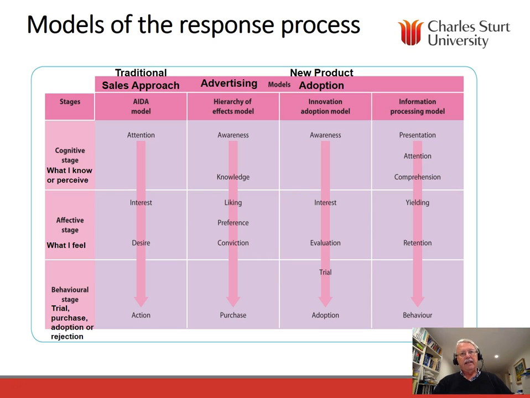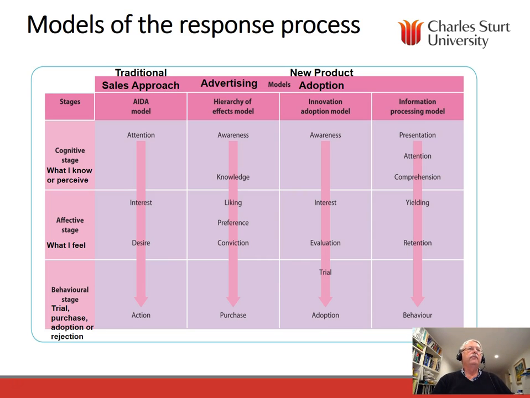Many marketing campaigns are designed to encourage consumers to trial a product or service. And AIDA refers to, first of all, gaining attention to a particular product or service, which is getting customers to think about the product initially, then to develop interest and desire through the affective stage, and then to take action during the behavioural stage.